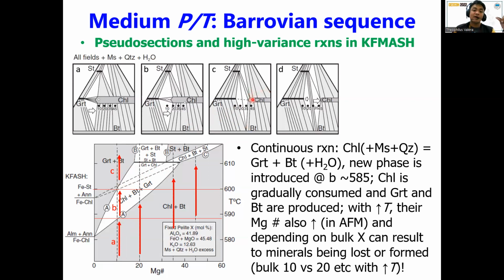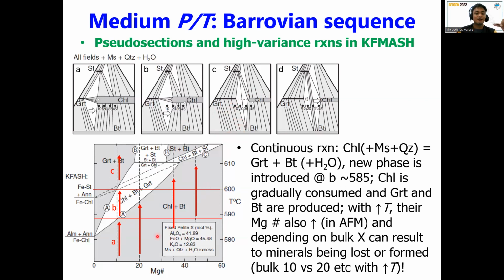Sa AFM diagram, yung 10 kasi natin, since masyado siyang iron-rich, yung next niya would be garnet and biotite na lang. So, as the reaction progresses, yung 10 natin, hindi na nagbago yung mineralogy niya, nananatili lang siyang garnet plus biotite kasi nandito na yung tie line niya.